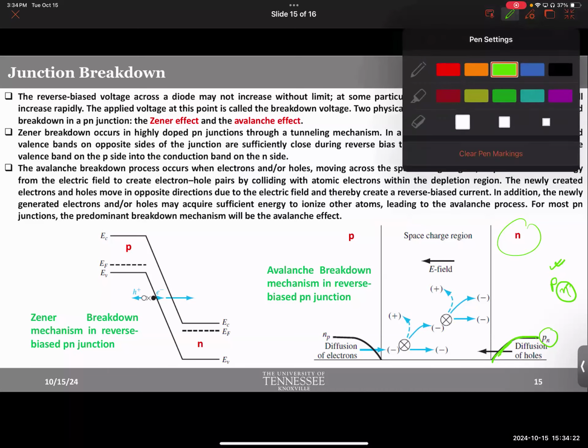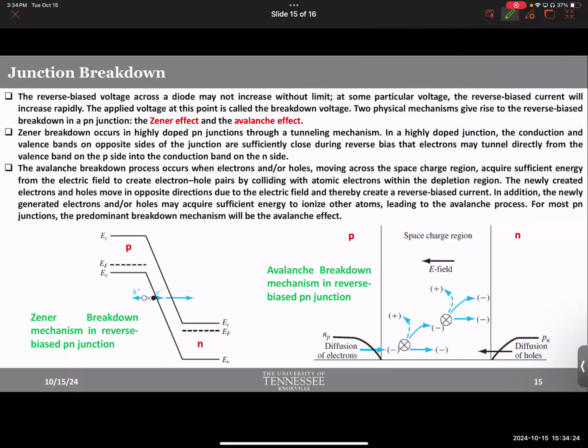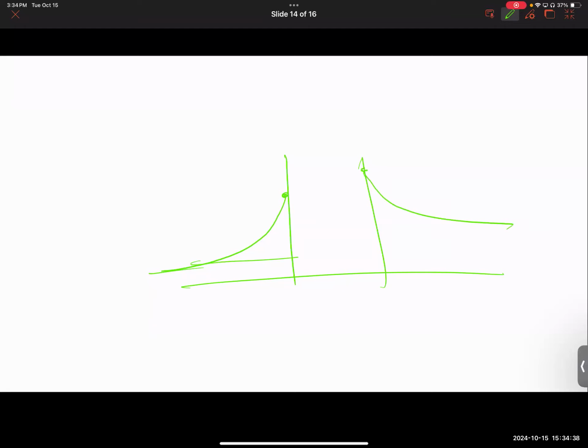Okay. So a similar diagram as I showed you in the very first slide of this lecture, remember? But that was opposite because that was forward biased. For forward biasing, you start here and then you gradually go down. For reverse biasing, you start here and go down to 0.